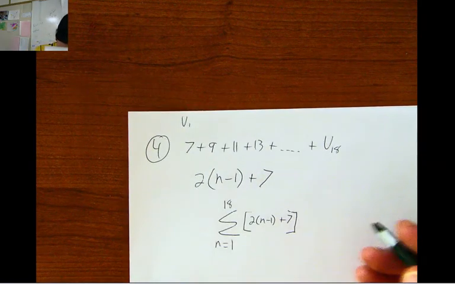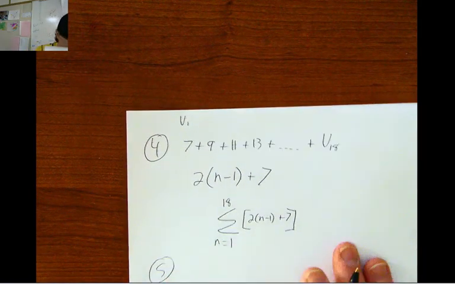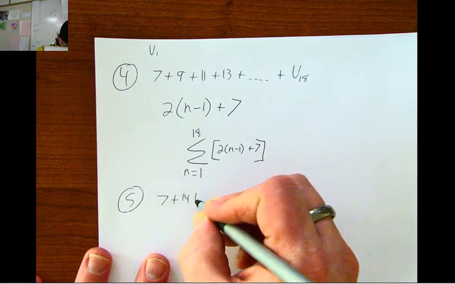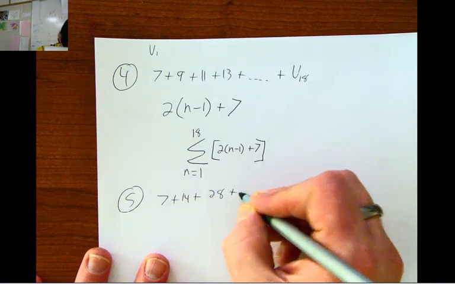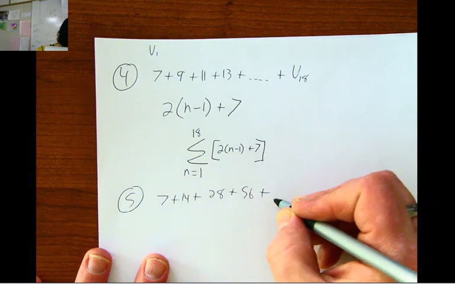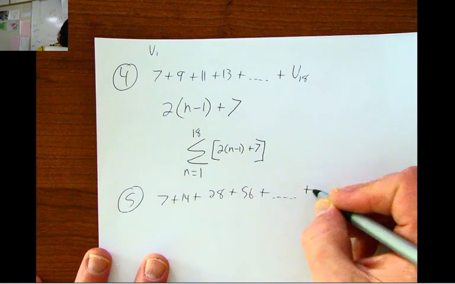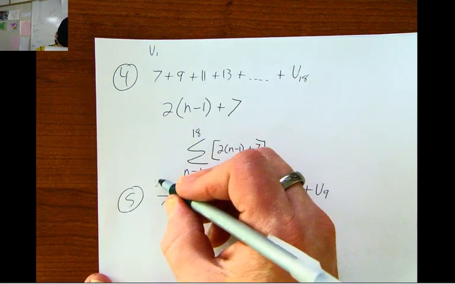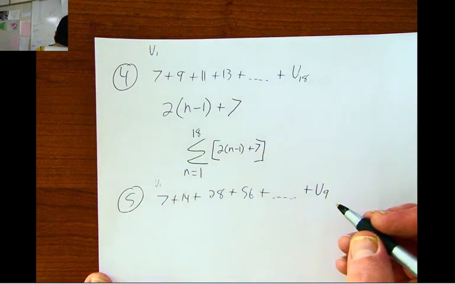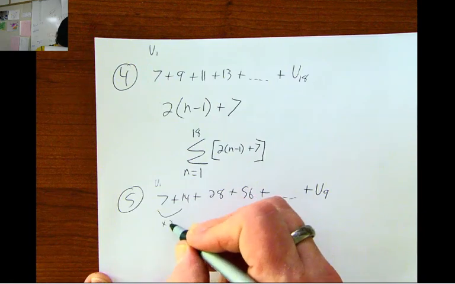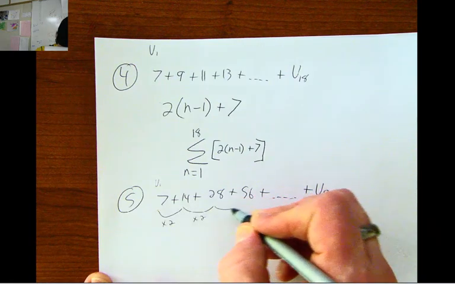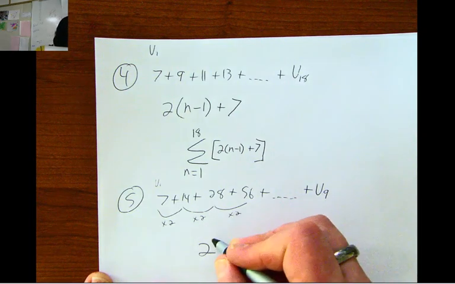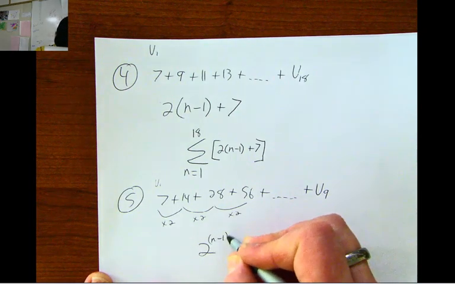If this one was arithmetic, I bet the last one will be geometric. 7 plus 14 plus 28 plus 56 plus yada yada yada plus u9. Same thing, I'm going to assume that this is u1. And then because we are multiplying by 2 to get from number to number, that means it's 2 to the n minus 1.